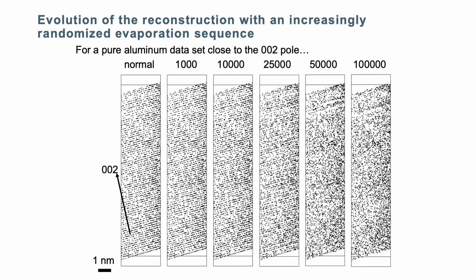And you can see there that basically this ruins everything with respect to the depth resolution. So we need to somehow find the best possible ways to control the order in which the atoms are being field evaporated and hence reconstructed. And this is why we need to control the field when we do the analysis. And this goes back to one of the previous lectures. It's all interrelated, you see.